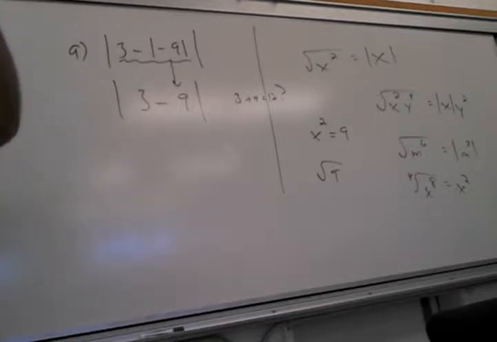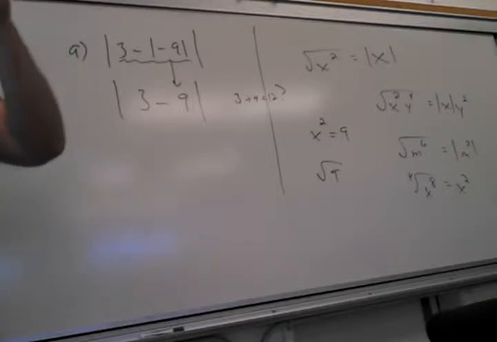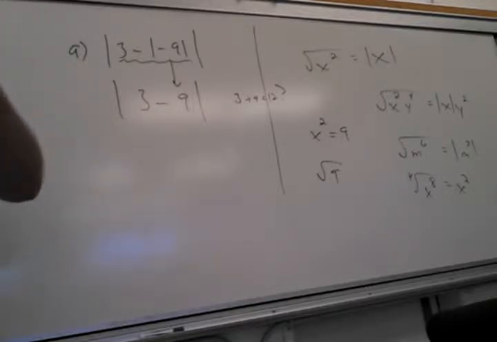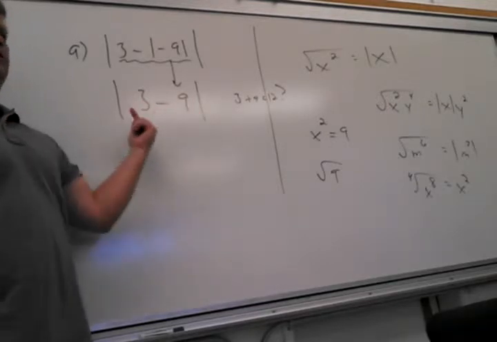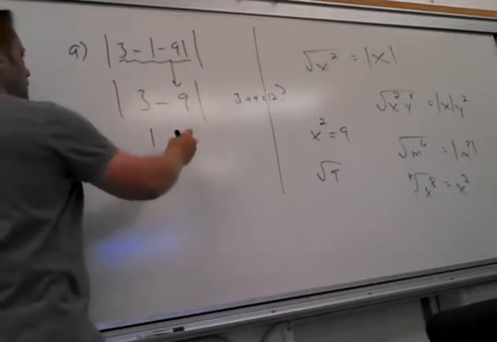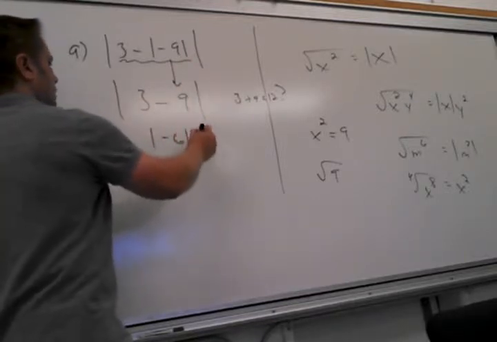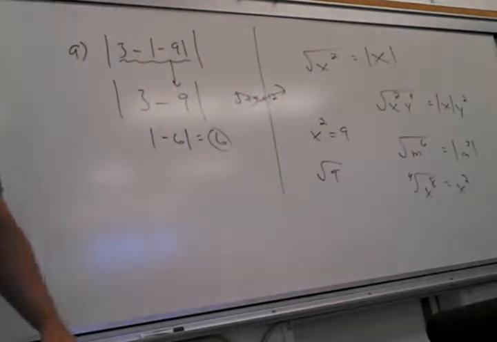Yeah, you pay too much attention to the minus sign and you think it makes everything positive, but it makes any number inside of it positive. Do I know what this number is yet? No, so I can't do anything to this yet. You kind of with me? So of course 3 minus 9 is negative 6, and the absolute value is 6. So it's definitely not 12. Cool. Okay.